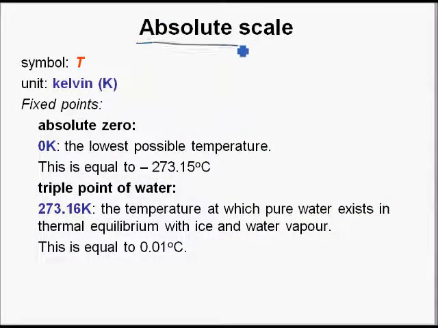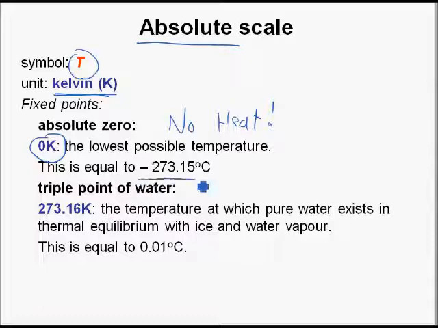We call it the absolute scale or the Kelvin scale. It makes sense because at 0, this is no heat. So the 0 Kelvin mark is the point at which there is absolutely no heat. And this happens to be equivalent to -273.15 degrees Celsius.